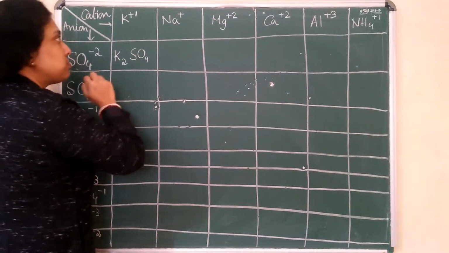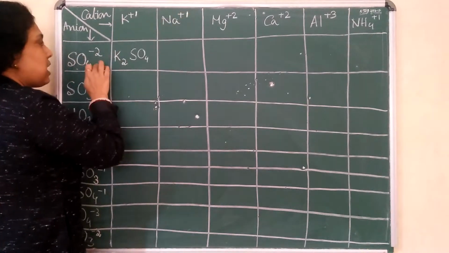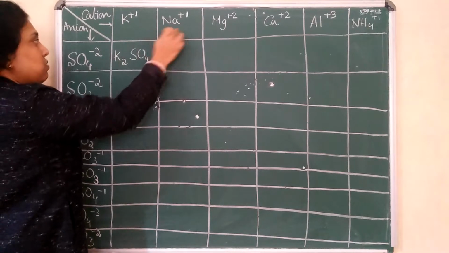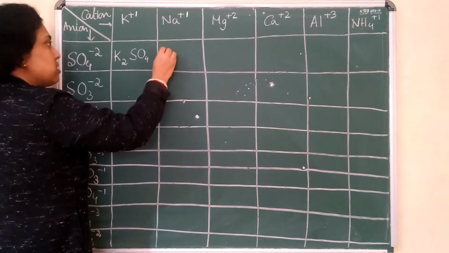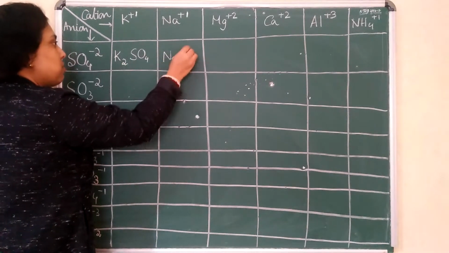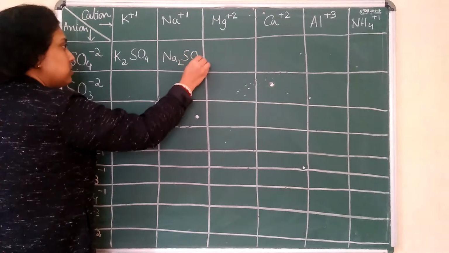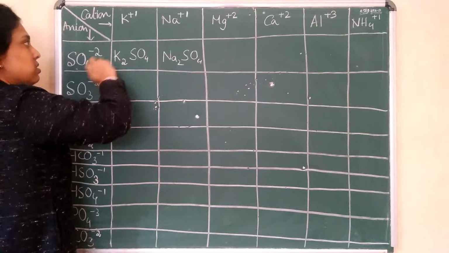For example, sodium plus 1 and sulfate: Na, the 1 interchanges, so Na2SO4. Like this you have to cross it.